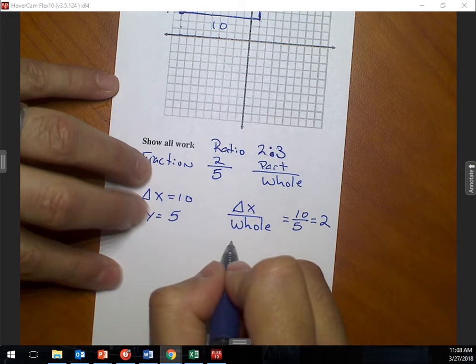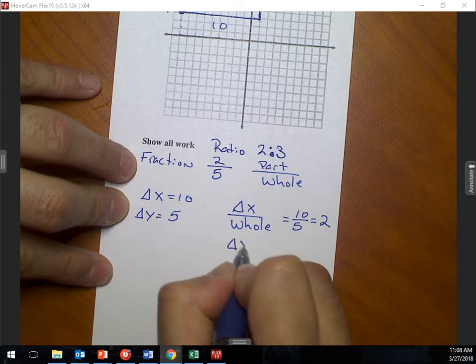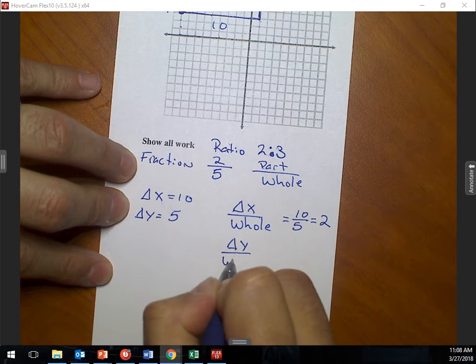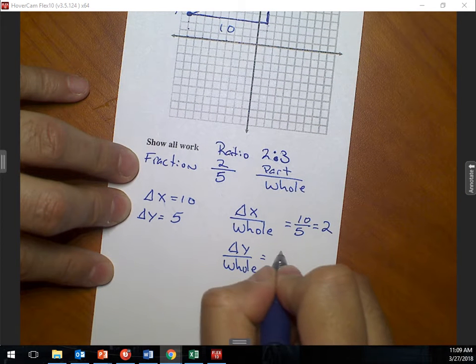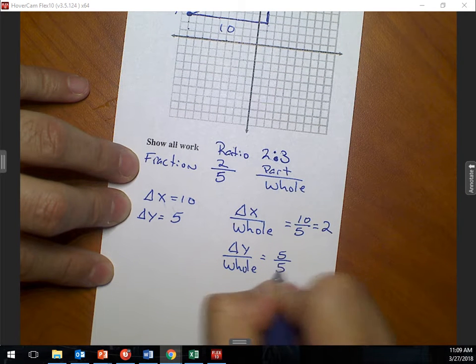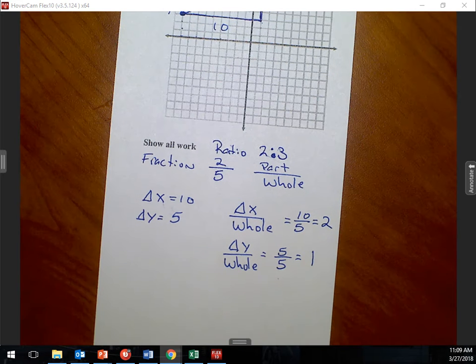I'm going to do it again for the y's. Let's do the delta y divided by the whole, which is going to give me 5 over 5, which is 1.